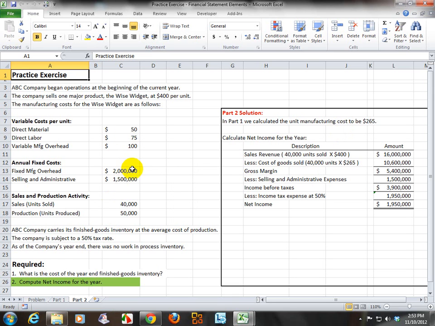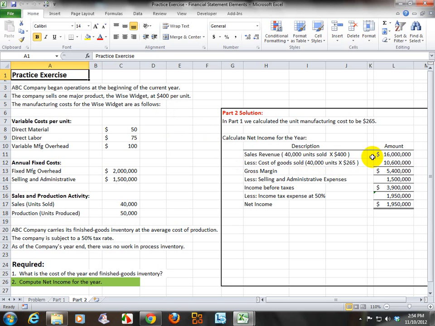We just pull the numbers from the information provided to us in a format that takes from our income statement. So the first line would be the sales revenue. We know we sold 40,000 units, and we know that they get $400 per unit. So 40,000 times $400, we had sales for the year at $16 million.